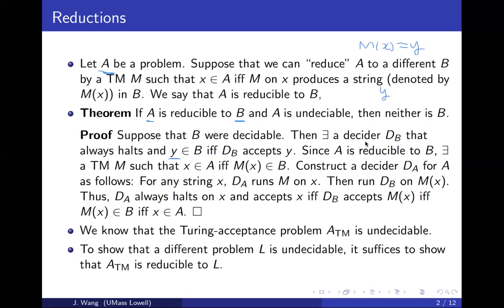Now, since A is, by assumption, reducible to B, that means that there is a Turing machine M such that X is in A if and only if M of X is in B. Now remember, this M of X produces an output Y on any X. It always halts and produces an output Y. So now, based on D sub B and this M, we are going to construct a decider D sub A for A as follows.